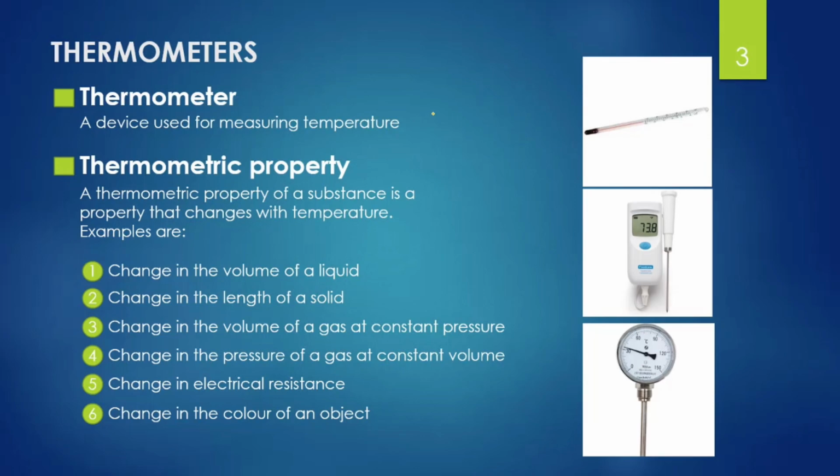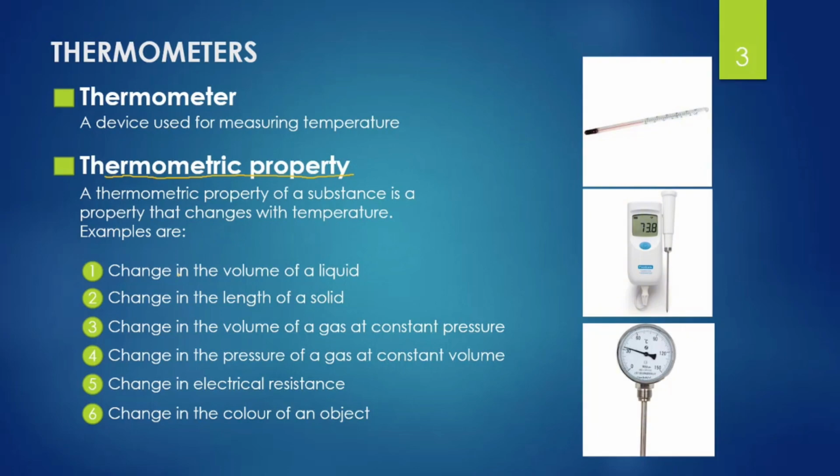Now let us look at thermometers. As you know, a thermometer is a device used for measuring temperature, and all of these thermometers make use of some property we call a thermometric property. A thermometric property is a property of a substance that changes with temperature.